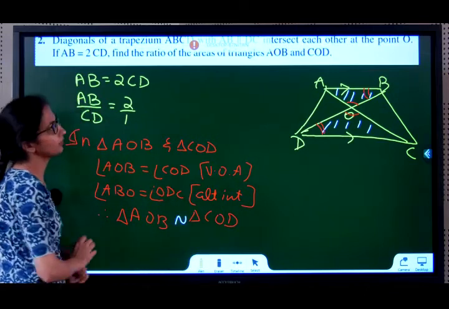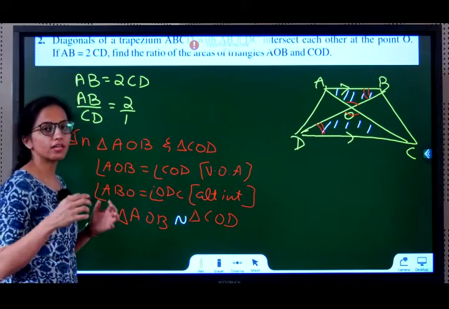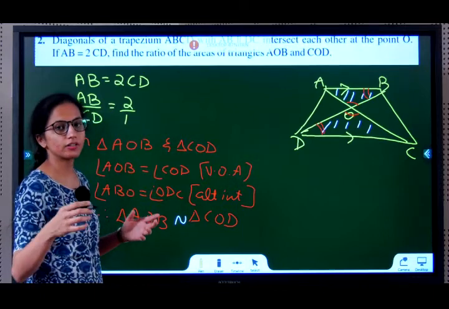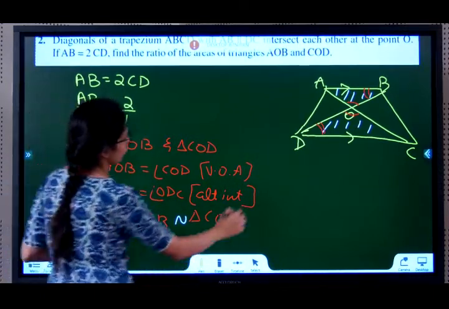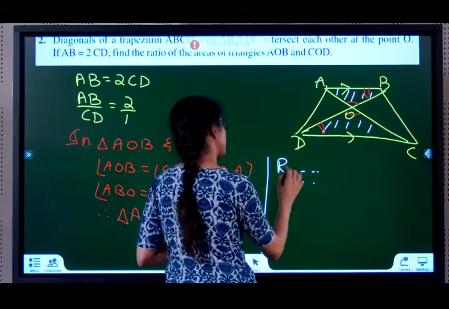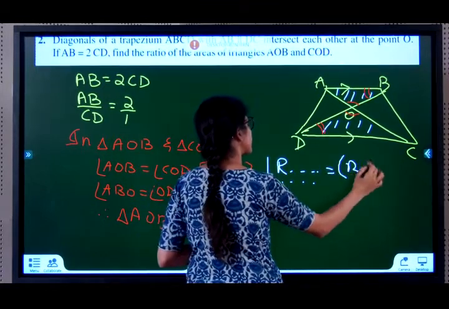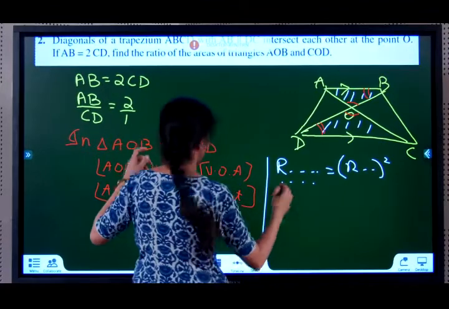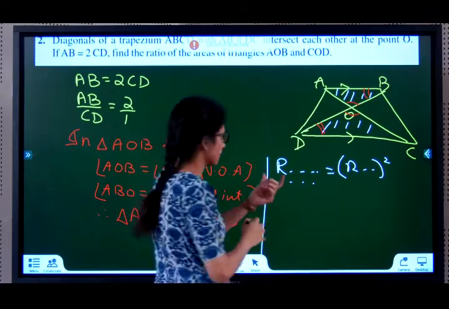Now we know that ratio of areas of similar triangles is equal to the ratio of their sides squared. So write down that statement, or you can write it how I wrote it in the previous question.